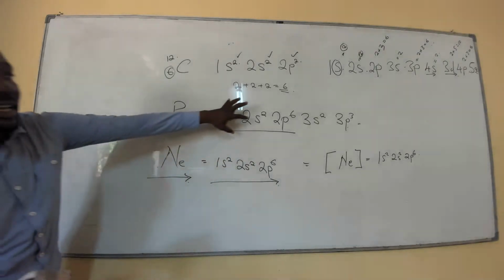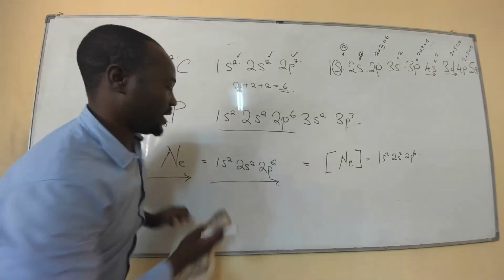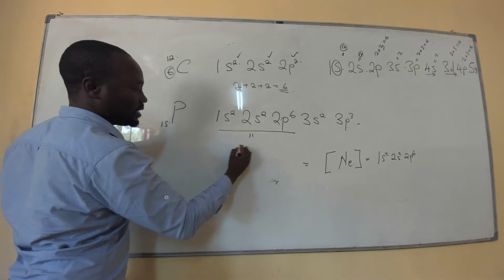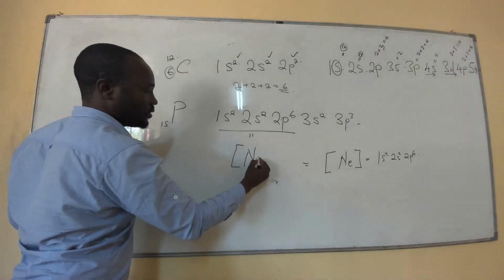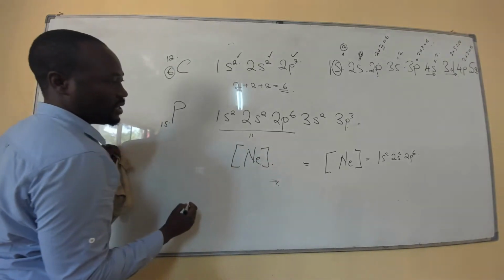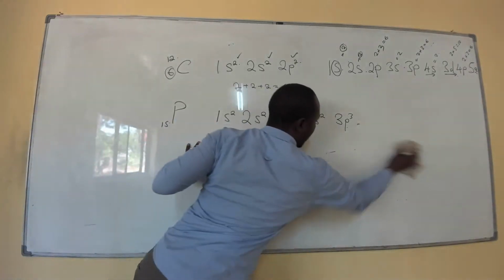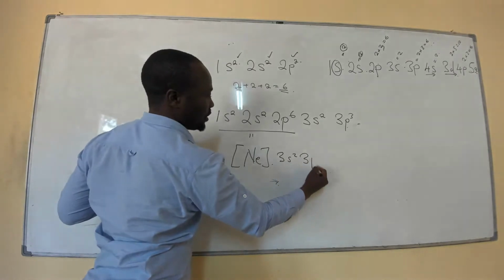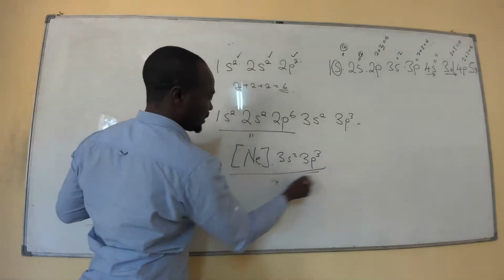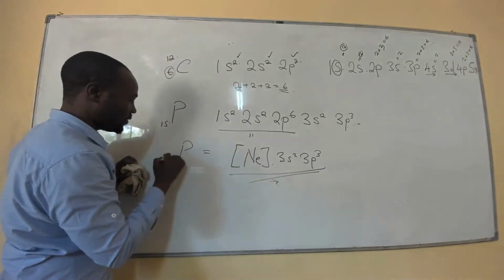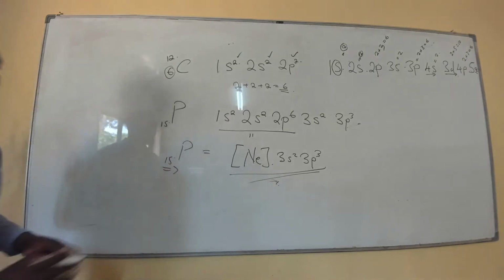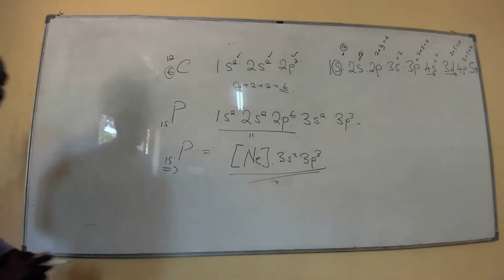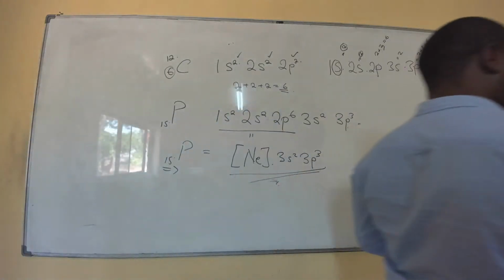So instead of writing the full configuration, we can write the neon bracket followed by 3s2, 3p3. This is the shorthand electronic configuration for phosphorus.